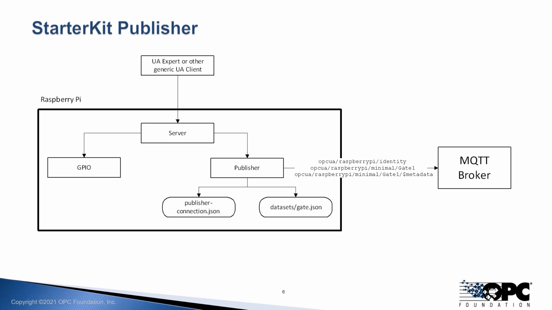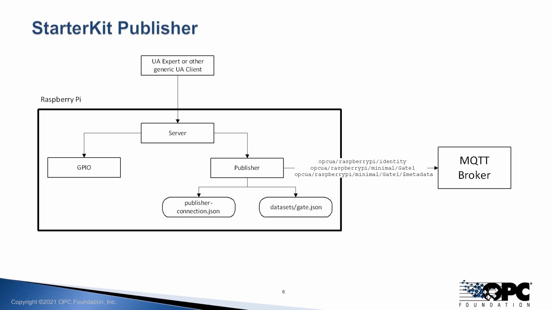But if you've got 1,000 devices and you have to configure every one of them, that becomes a huge time-consuming task. OPC UA solves this problem by providing standard configuration files and an information model that could be accessed via a UA server.